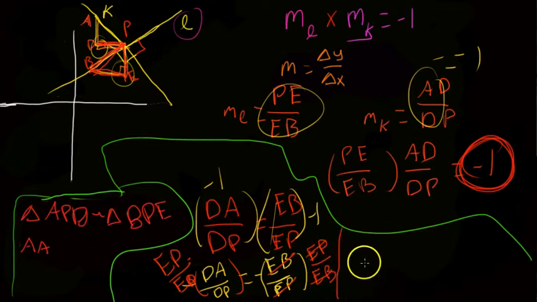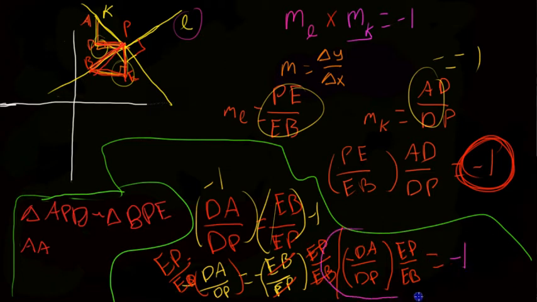So our final equation is negative DA over DP multiplied by EP over EB is equal to -1.